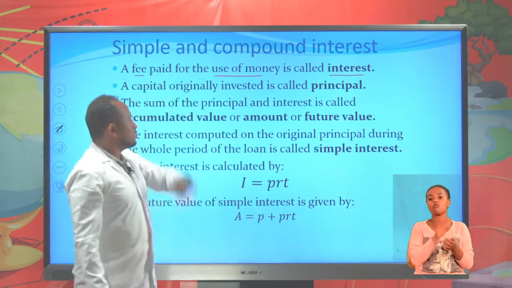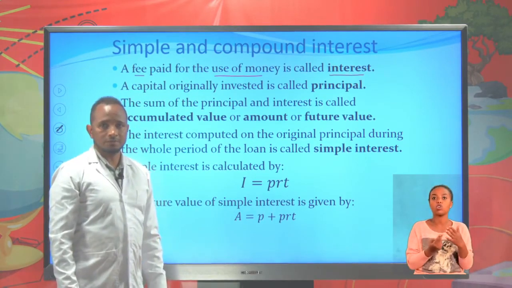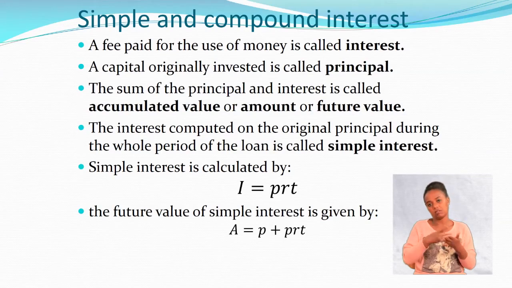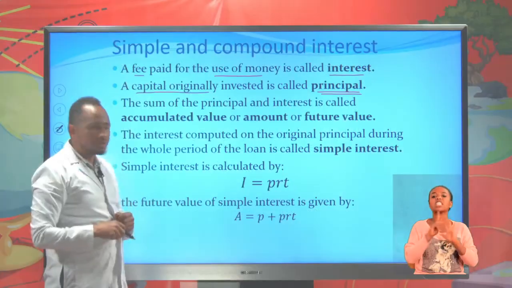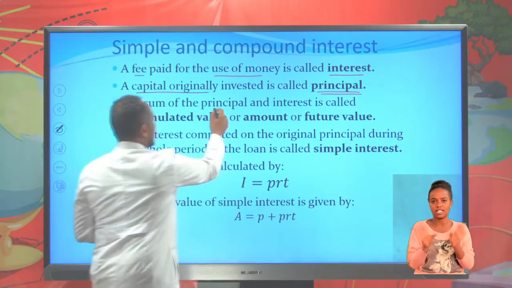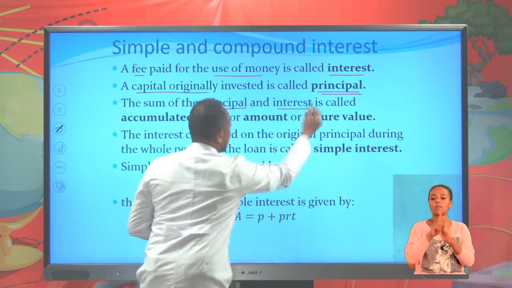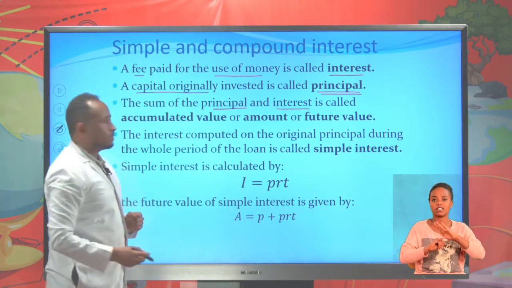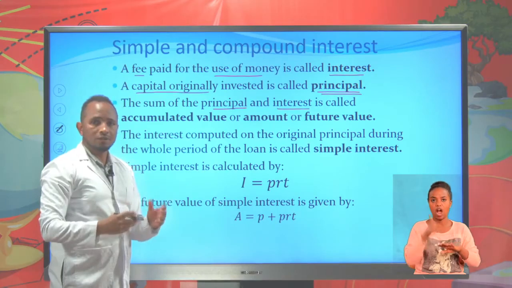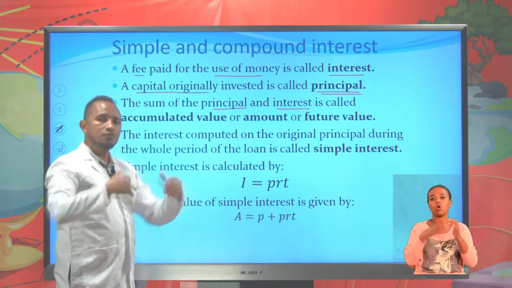So if it is paid for the use of money, we call it interest. A capital originally invested is called principal. And the sum of the principal and interest, we call this accumulated value, or amount, or the future value.